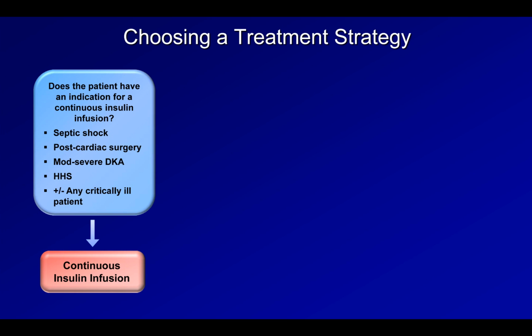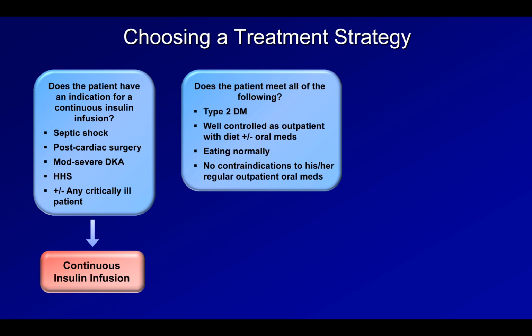In patients who do not have an indication for continuous infusion, ask whether the patient meets all of the following. Is he or she a type 2 diabetic? Is his or her diabetes well controlled as an outpatient with diet and/or oral medications? Is it anticipated that the patient will be eating normally and there are no contraindications to his or her regular outpatient oral medications?